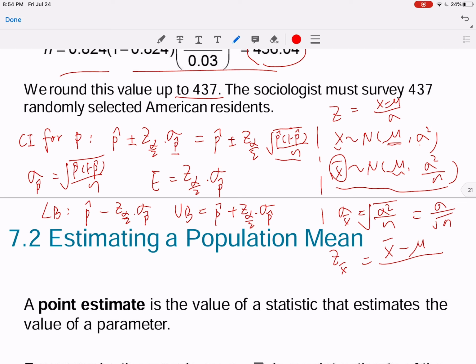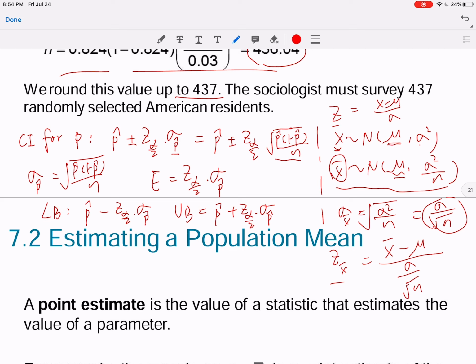The standard deviation of x bar is sigma over the square root of N. So if we standardize x, we get Z equal to x minus mu over sigma. If we want to standardize x bar, Z sub x bar is equal to x bar minus mu all over sigma over the square root of n.